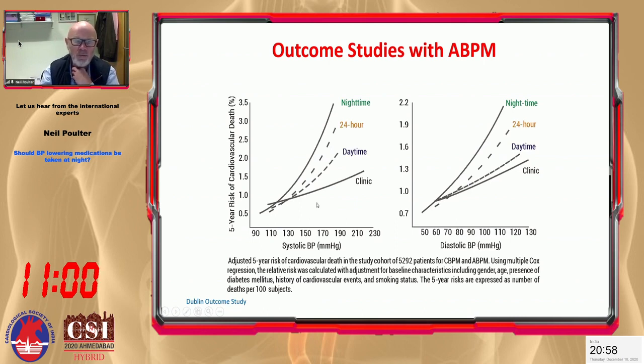And you can see for any one level of blood pressure, systolic here, nighttime is a stronger predictor than 24-hour, than for daytime, than for clinic, for any one given level of systolic. The same pattern is true for diastolic. So giving this preeminence to the importance of nighttime pressures.